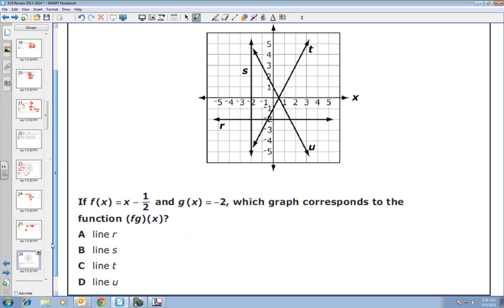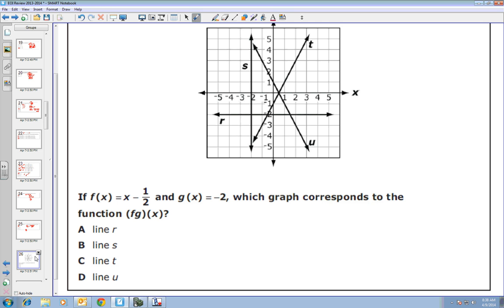Okay, I like this problem because they make it look really confusing, but this is actually a really easy problem. It says if f of x is this equation and g of x equals -2, which graph corresponds to the function f times g? And that f times g of x, they're just saying that they each have f of x times g of x.